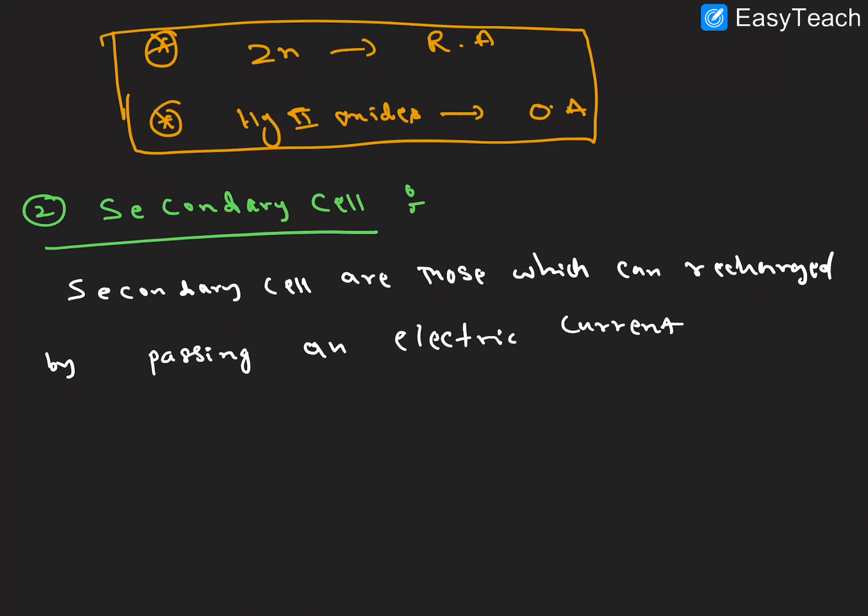Such cells are called secondary cells. We have mainly two types of secondary cells used in daily life. The first one is the lead storage battery.